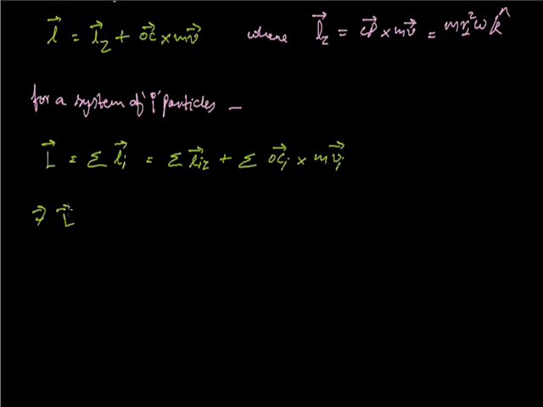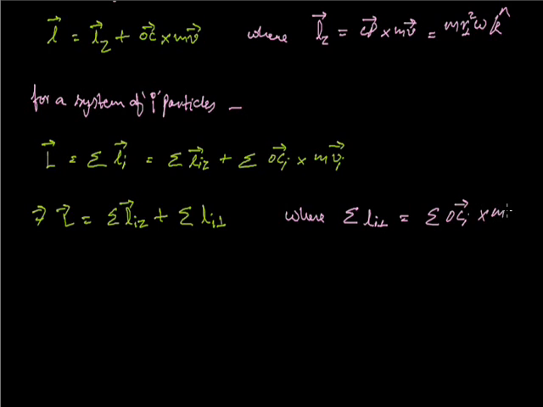This can be further rewritten as L equals sigma Liz plus sigma Li perpendicular, where sigma Li perpendicular equals sigma of OCi cross mvi. The direction of the product of OCi and mvi is perpendicular to the rotational axis.